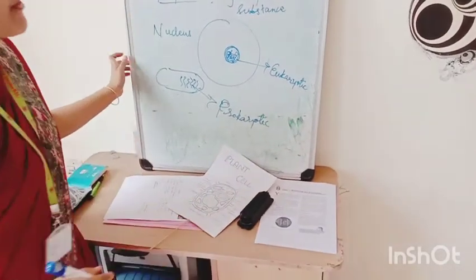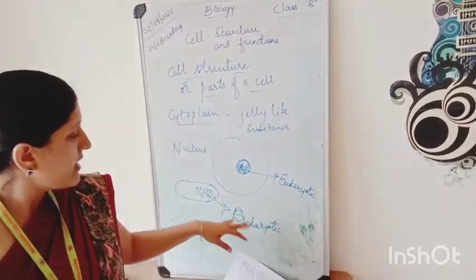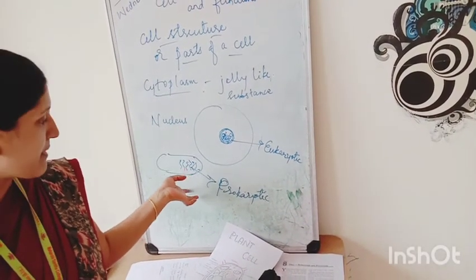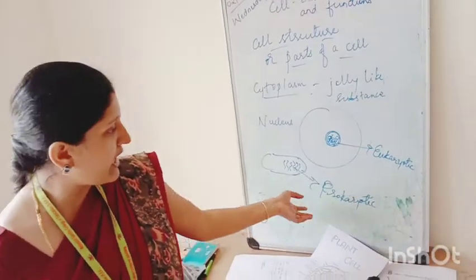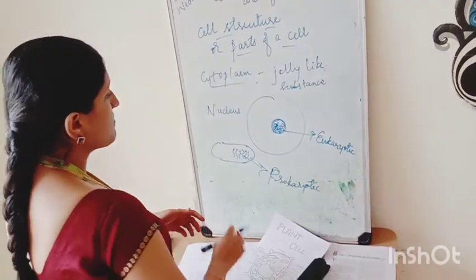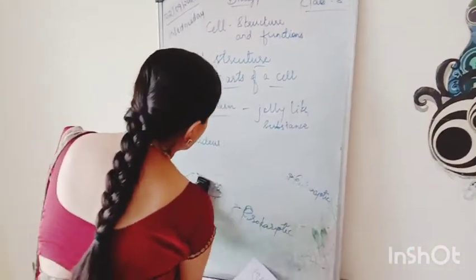If there is a well-defined nucleus, then we call it eukaryotic. If there is no nuclear membrane and the genetic material is present freely, then we call it prokaryotic organisms.